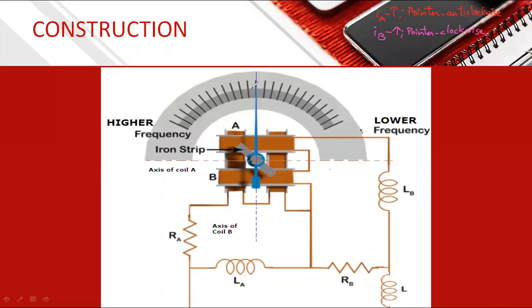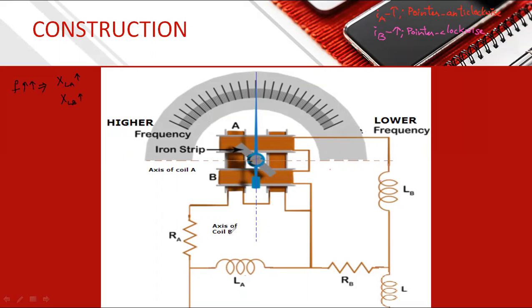More frequency means reactance is increasing. So where we have more reactance, please check the left panel of the figure. We have more frequency. This implies reactance of LA increased, reactance of LB increased.